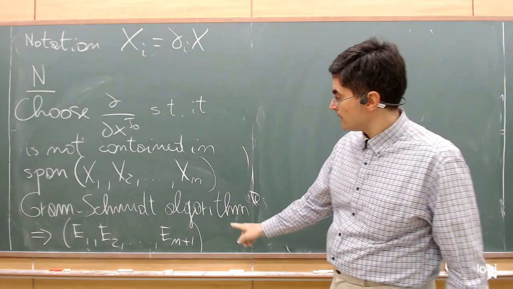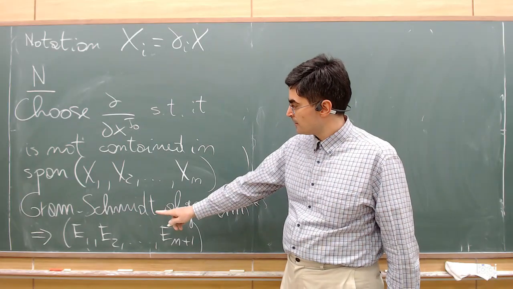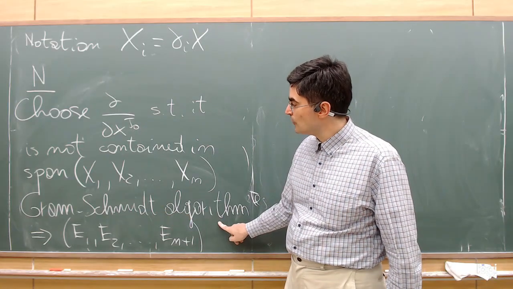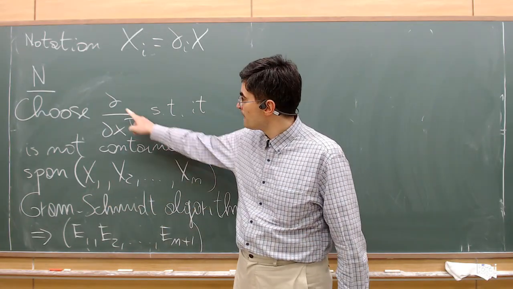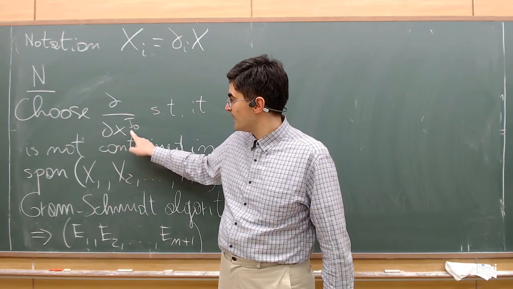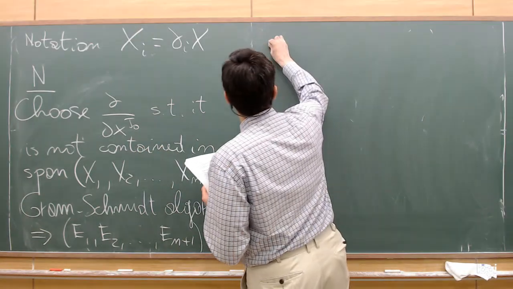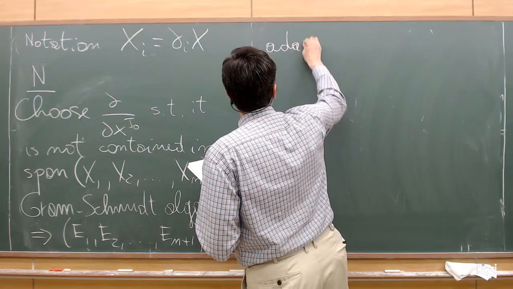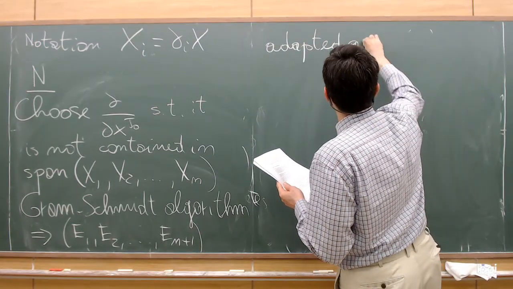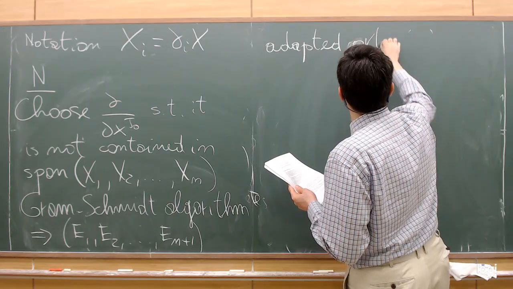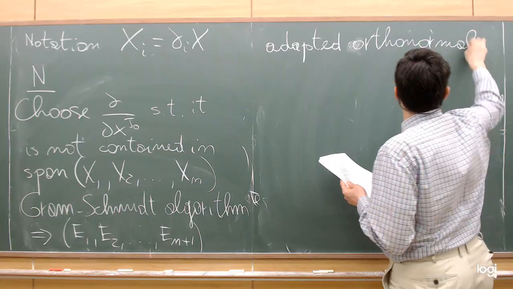Sorry, I omitted to write that you apply this algorithm to x1, x2, xn, delta over delta x j0. So you get this way an adapted orthonormal frame.